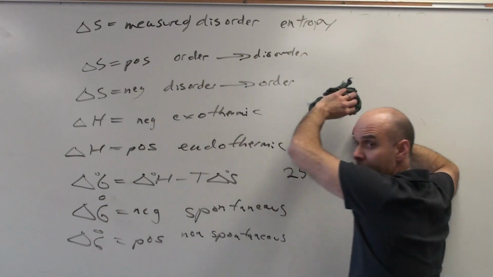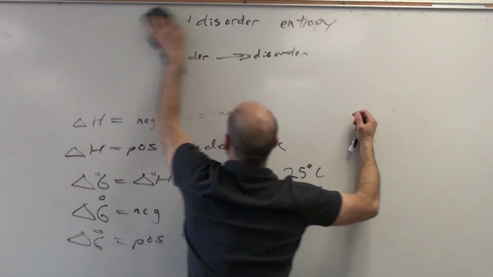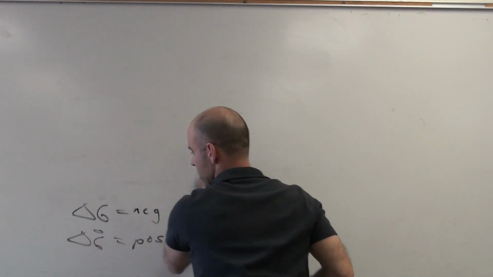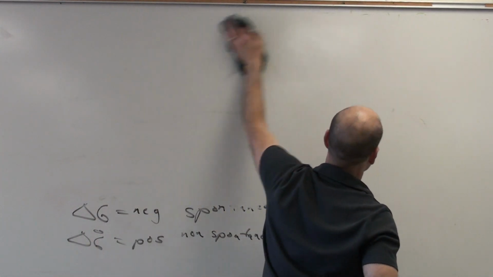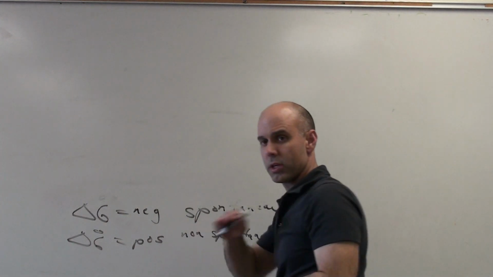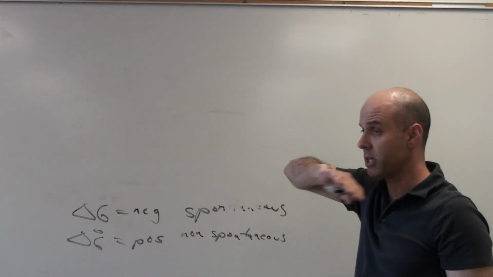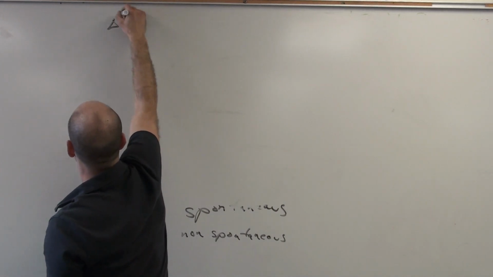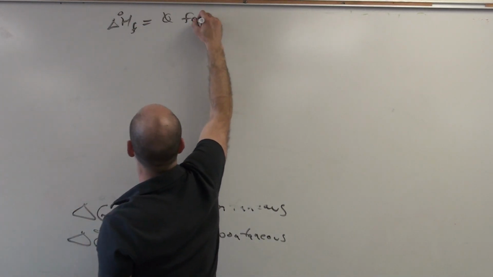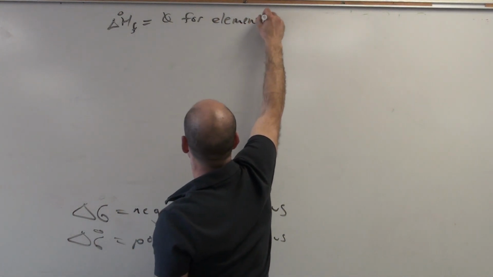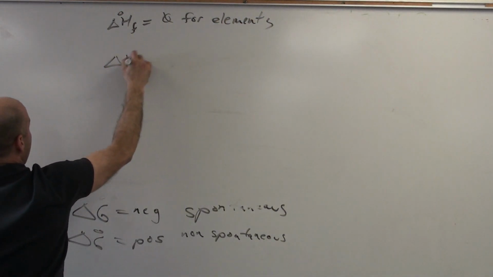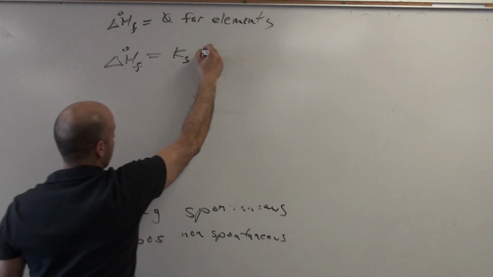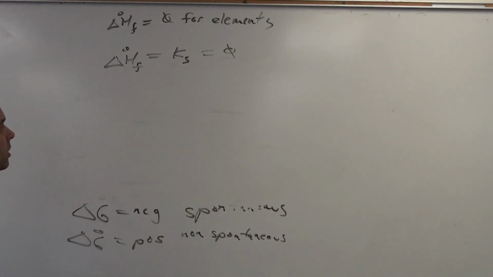Can I erase this top part? So when calculating delta H, the assumption is that the delta H of formation of all elements is 0 in their most common state. Anything like potassium solid, delta H of formation would be 0.